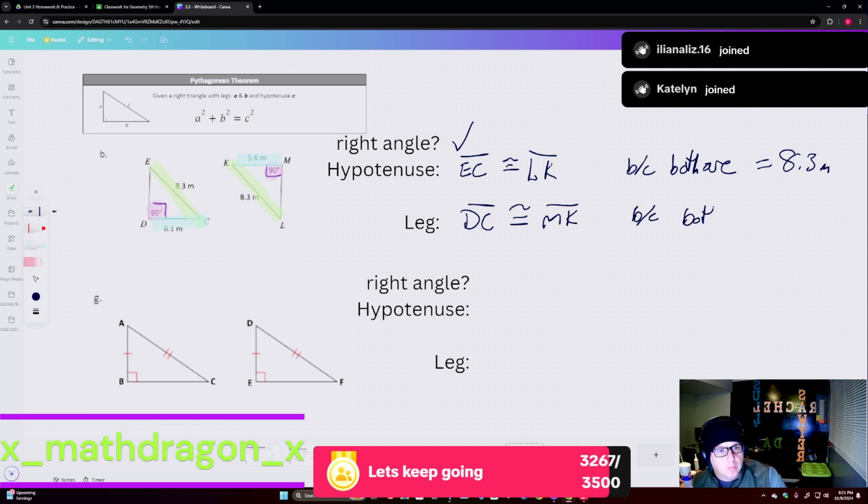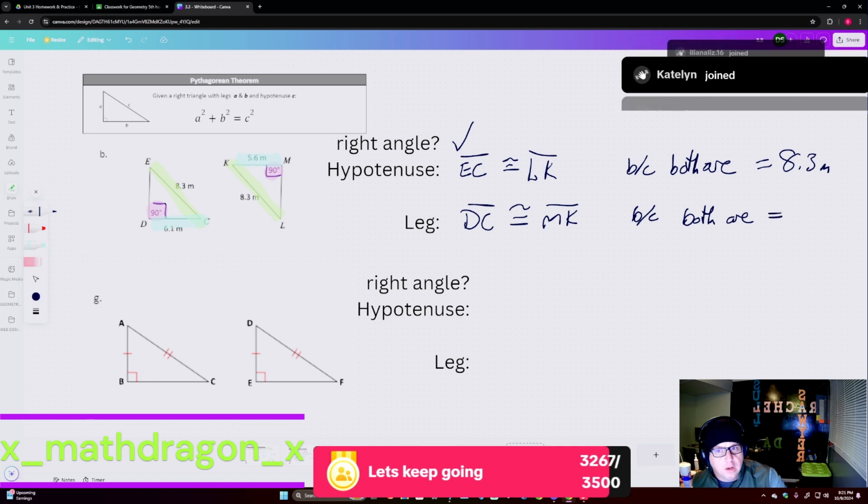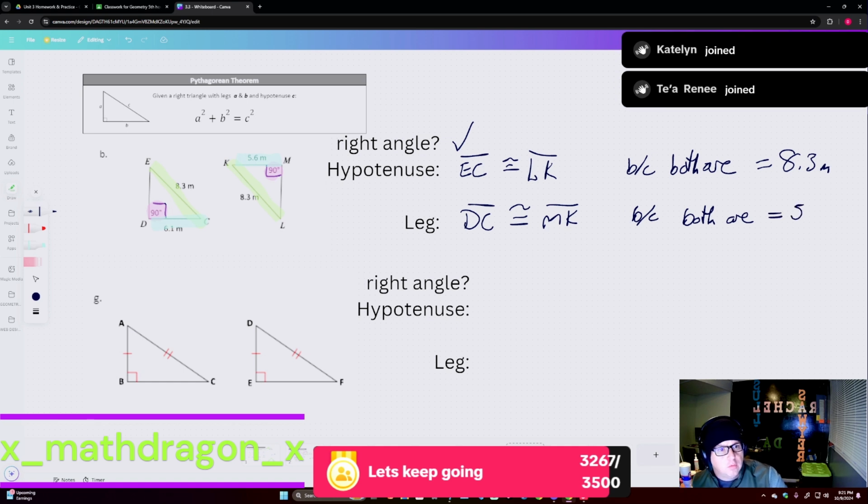Because both are equal to 5.6, can't say that, because 5.6 and 6.1 are not the same value. So these are not, we can't prove it by hypotenuse leg. Okay?